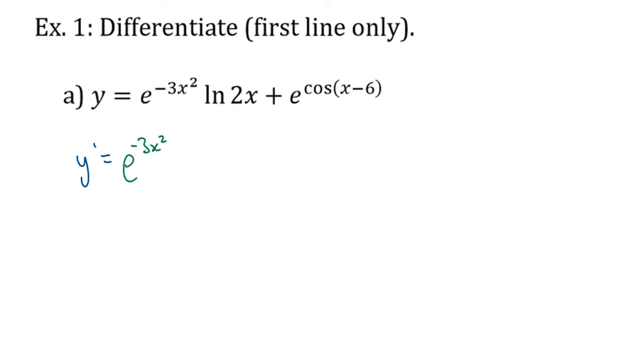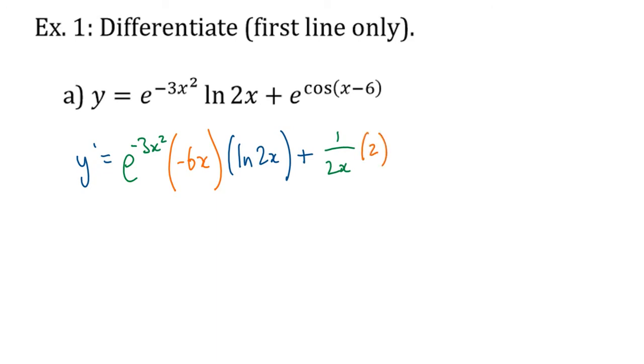That doesn't change, but then I multiply by the derivative of the exponent, so that's negative 6x, and then I multiply by the other part, so that's ln of 2x, plus, and then we do the derivative of this, which is 1 over 2x times 2. In fact, I'll show it, 1 over 2x, and then the derivative of the argument, which is 2, and then times the first thing.